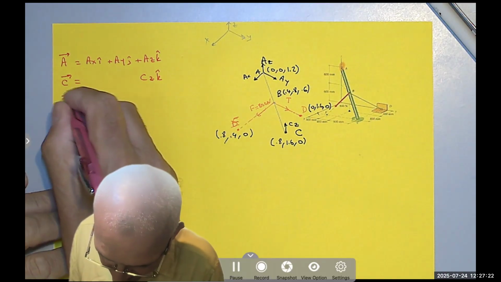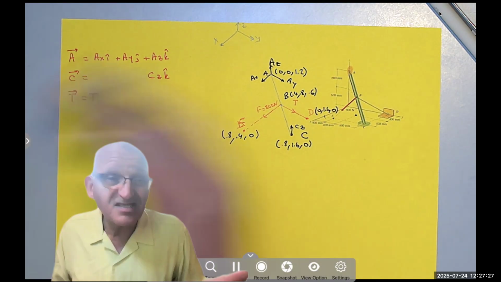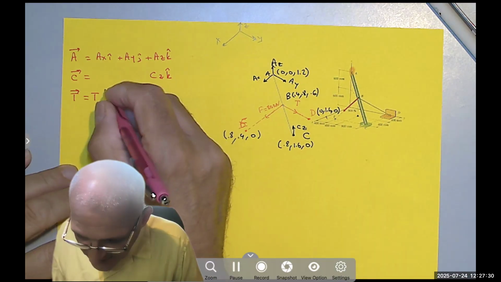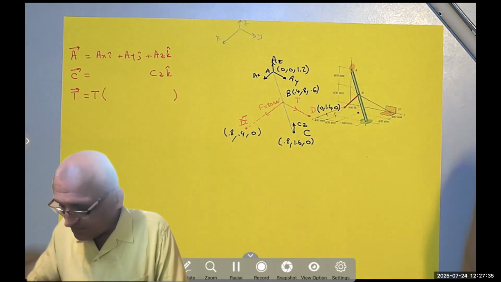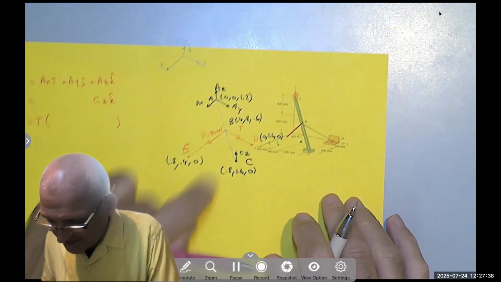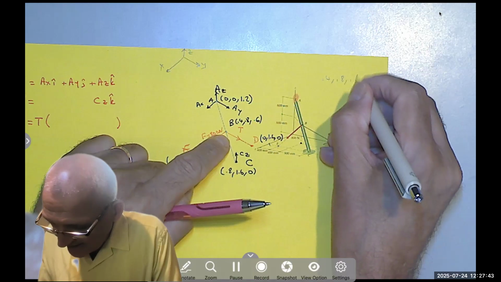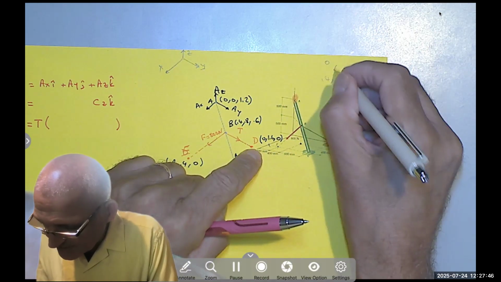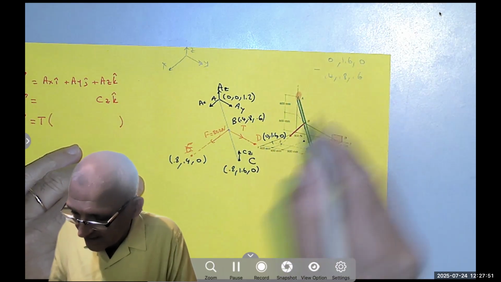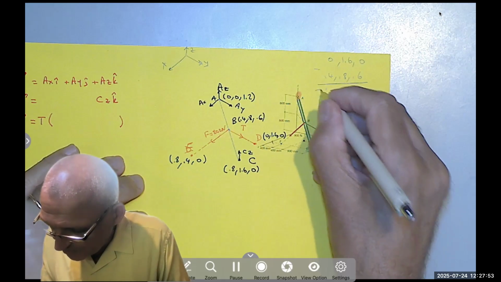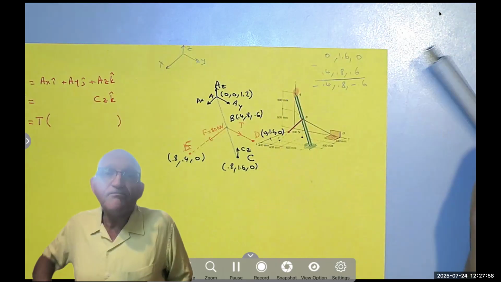My T, how do I express T? T is a magnitude T, which is unknown, times a unit vector of T, as we know. So I can come to the side and say T starts at 0.4, 0.8, 0.6, and ends at 0, 1.6, 0. So if I subtract the end from the beginning, I will get negative 0.4, positive 0.8, and negative 0.6.